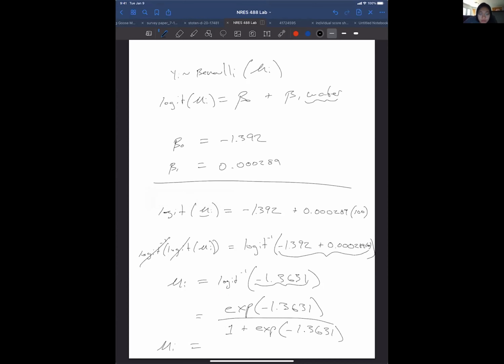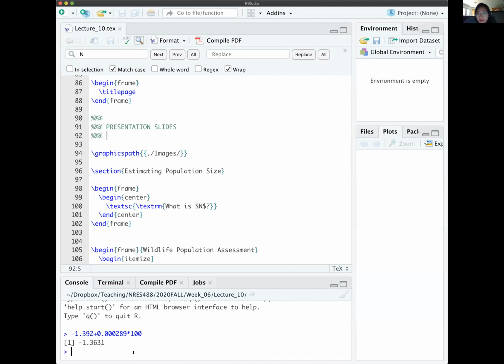So we say the exponent of negative 1.3631 divided by, now we're going to make sure we put parentheses here, just so we have the order of operations right, because we need this 1 plus the exponent of negative 1.3631.